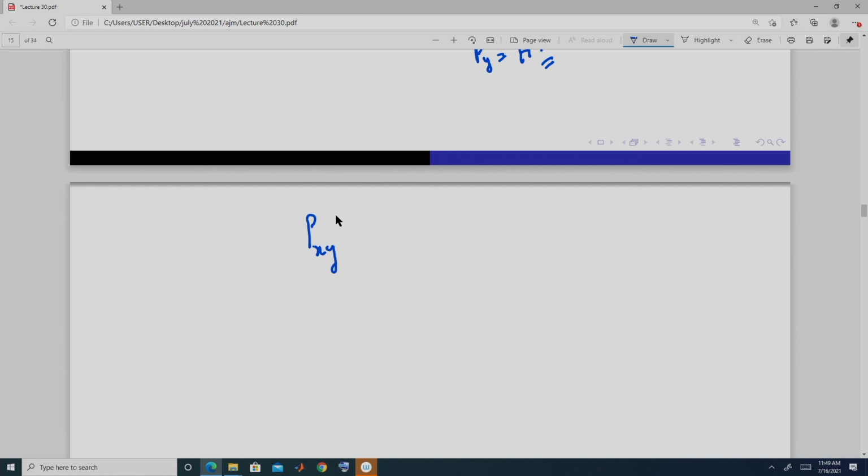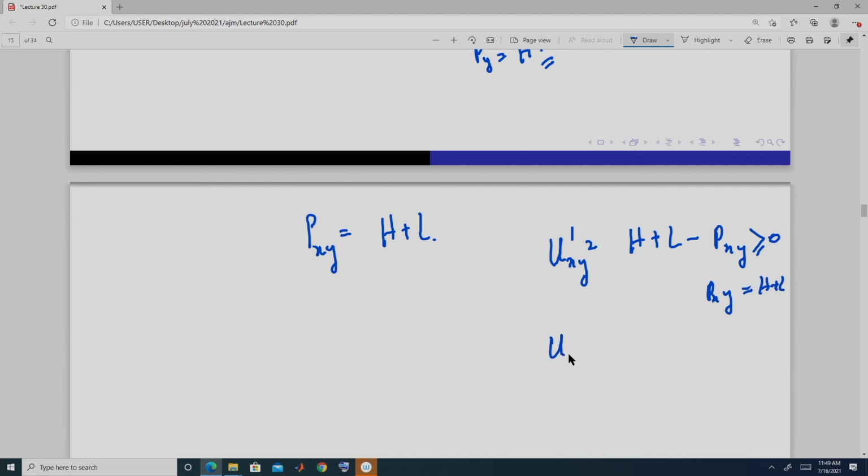You have to buy both products and pay only one price, and that can be H plus L. Here, the utility of consumer 1 is H plus L minus Pxy, so it is going to be non-negative if Pxy is equal to H plus L, and the same holds for consumer 2. So the profit if it ties is 2H plus 2L.